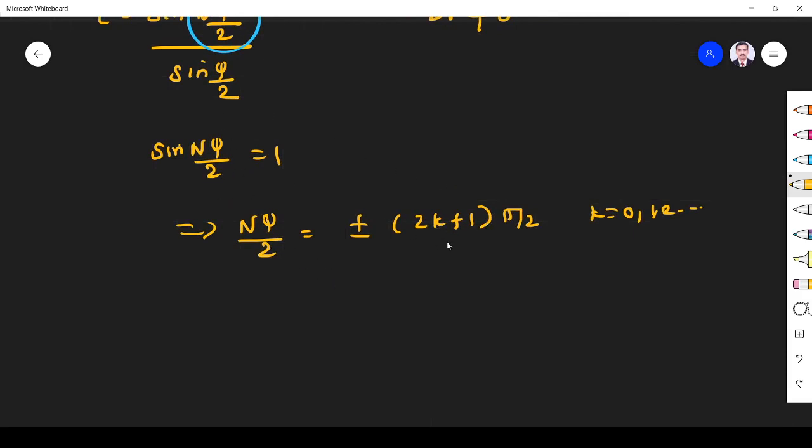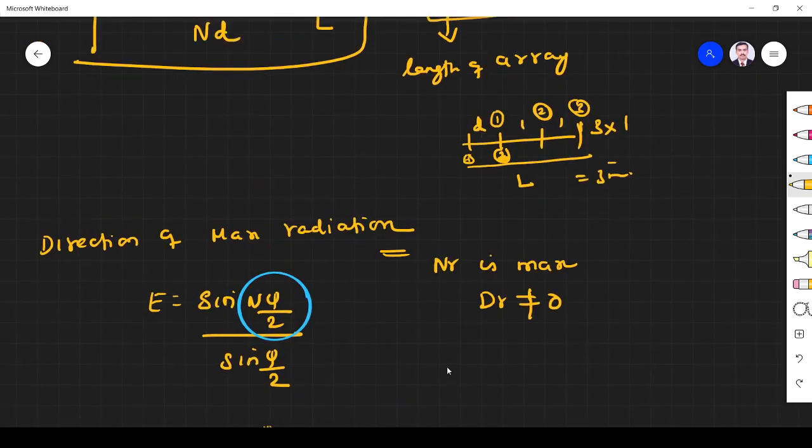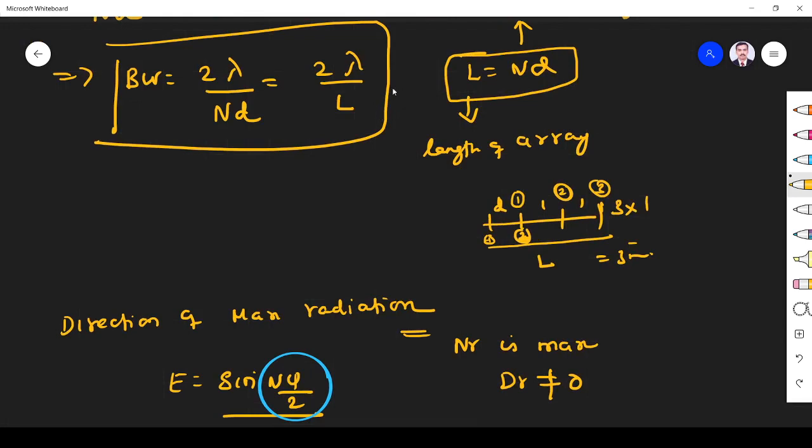Similarly k equals 1 gives sine 3 pi by 2, that is 1, like that. This indicates psi is equal to plus or minus 2k plus 1 pi by n. The 2 cancels, and n I bring to this side. Let me take this as equation number 4. The beamwidth equation, 2 lambda by L, is equation number 3.